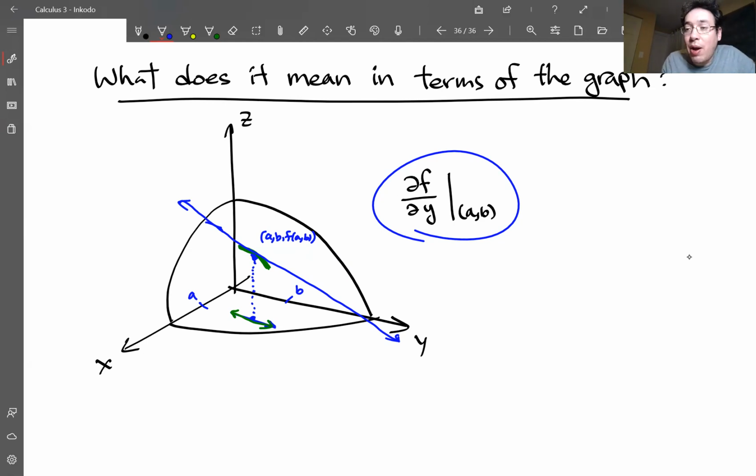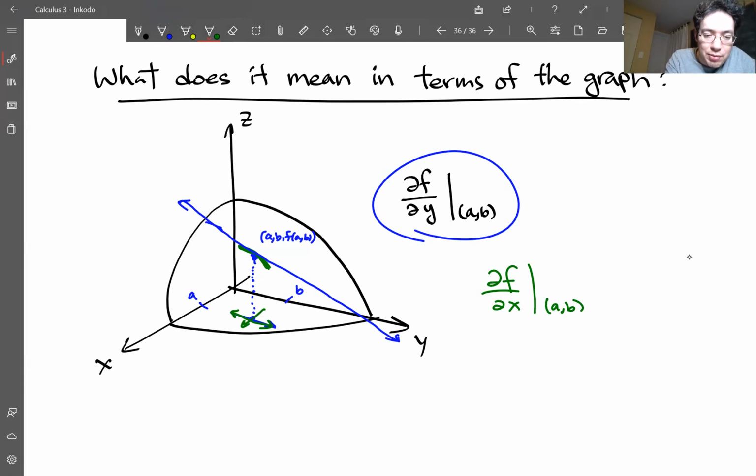So you still have the slope of the tangent line. It's just that particular slice of the direction is determined by which variable you're taking the derivative with respect to. And again, we could also draw a picture of the partial derivative of f with respect to x at the exact same point, evaluated at AB.